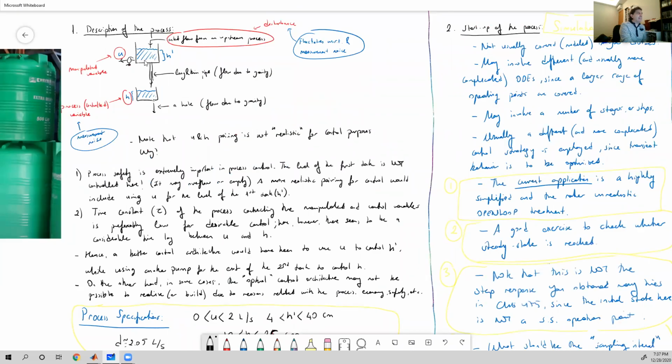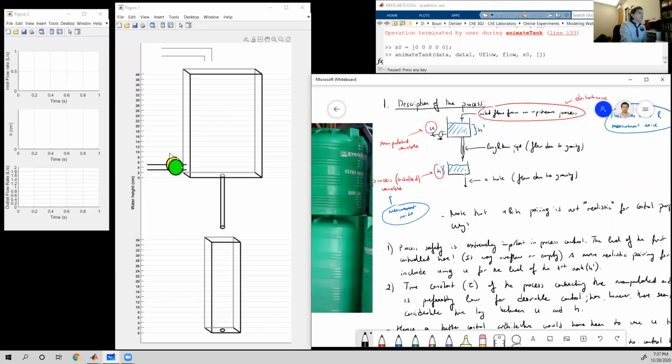The first tank is just a unit used to reach the second tank. The manipulated variable is going to be the outlet flow rate of this pump. So it's this pump that we are going to regulate or manipulate in order to control the water level in the second tank.